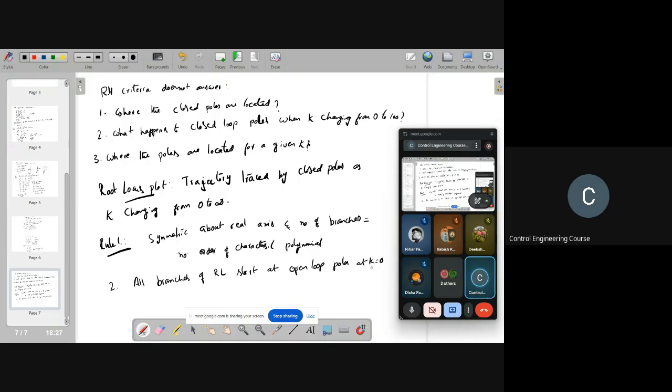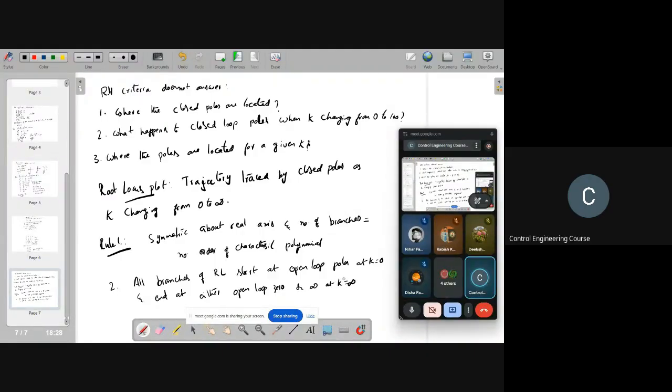That means at k equal to 0, the branch starts at the open loop pole and ends at either an open loop zero or at infinity at k equal to infinity.